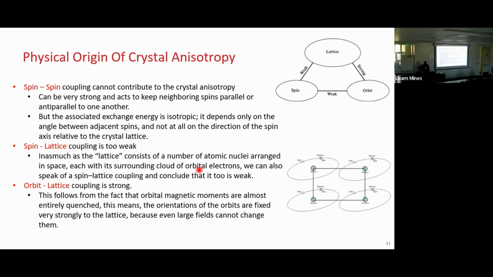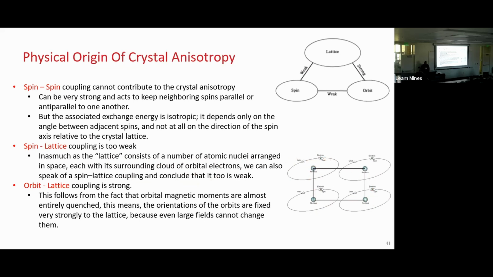And spin to lattice actually has a certain degree of coupling, but it's relatively weak. You can think about the lattice as consisting of quite a few atomic nuclei arranged in space, 1, 2, 3, 4 of them, and each one of them with a cloud of electrons. So this electron coupling with the overall lattice is relatively weak.